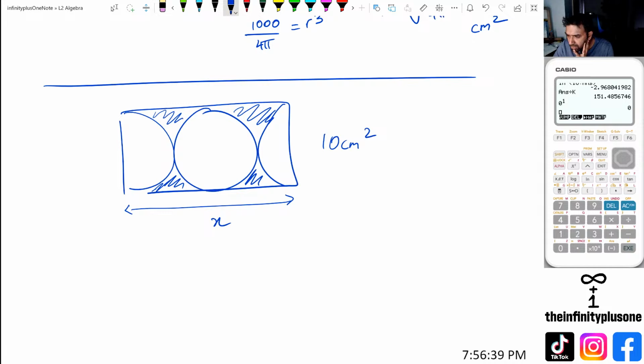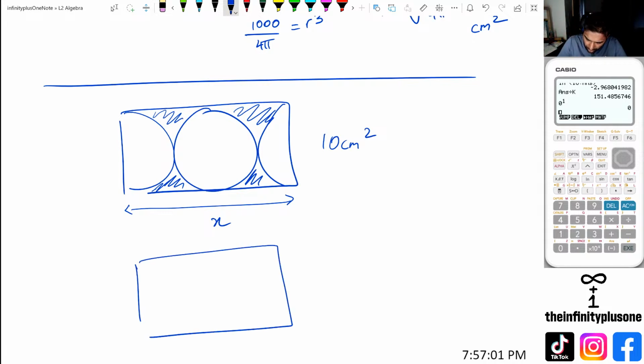Is it the length of the circle or the height of the circle? I just want to double check. So it's 2 semicircles and 1. So basically if I was to redo this question, it will look like this. Is that correct?